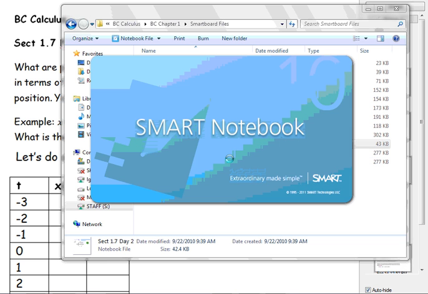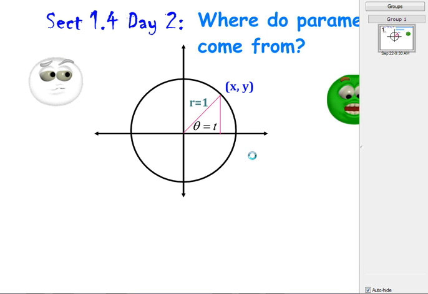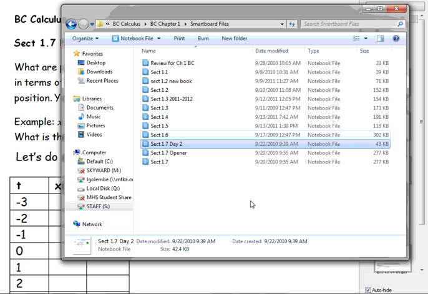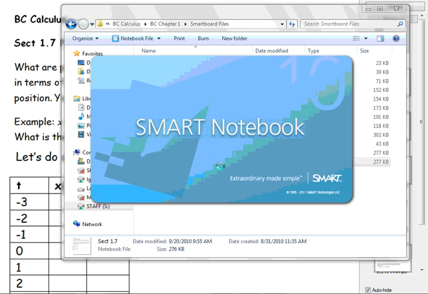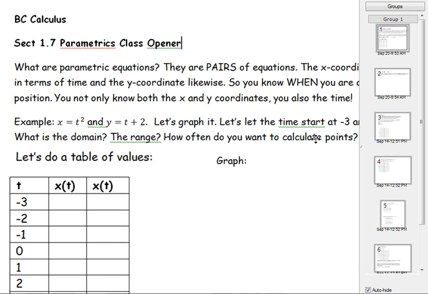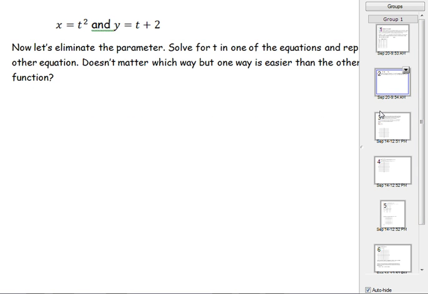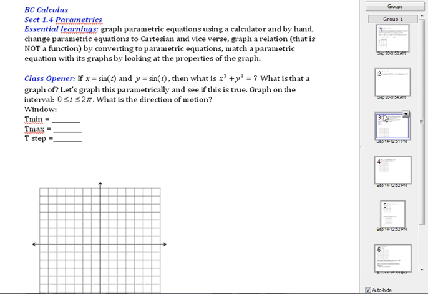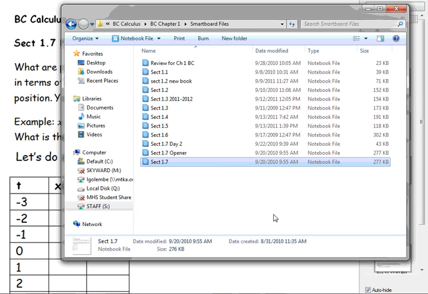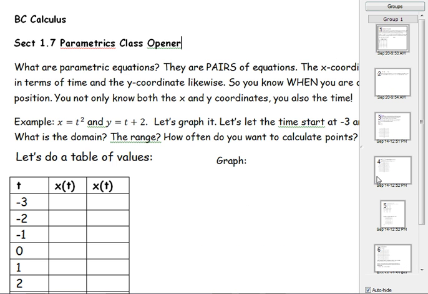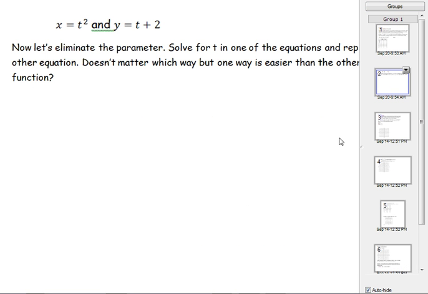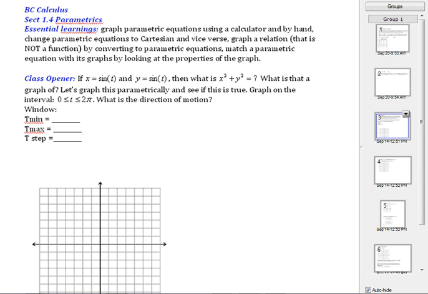I don't think I want that one. Okay. I didn't realize we did that. Okay. We eliminated the parameter. I did that twice. So now this one says 1.4. I corrected the name on my computer, but I didn't correct the name on the file. Sorry.